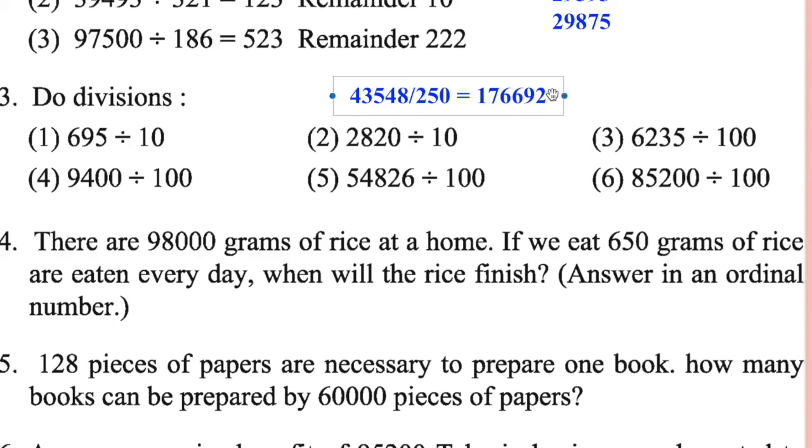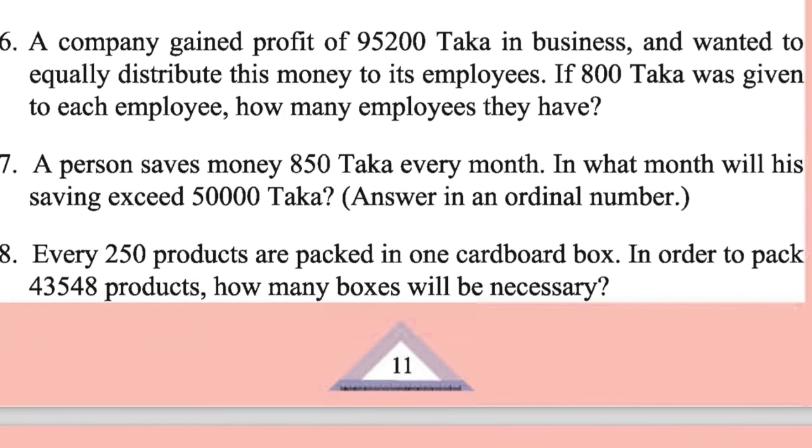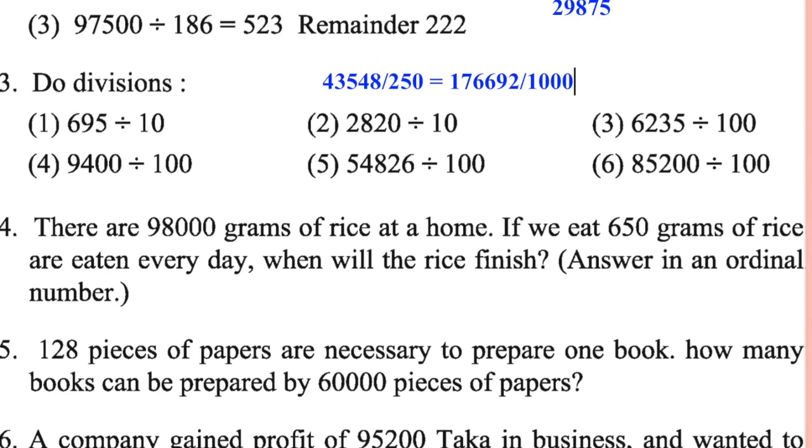Divided by 1000. Okay, 176 actually is not sufficient. 176 plus 1, 177 is the answer.